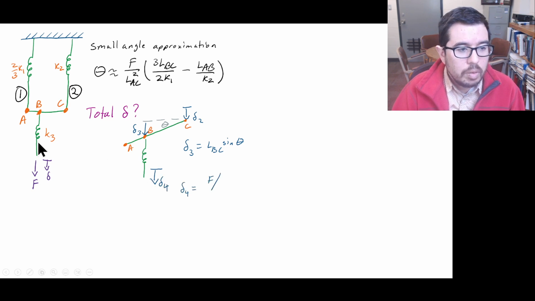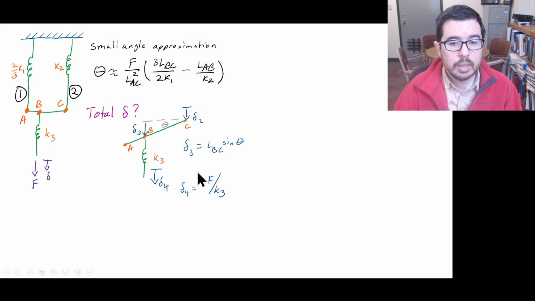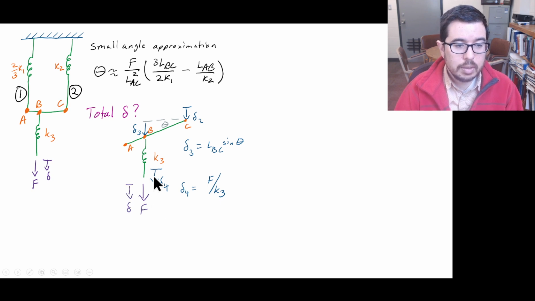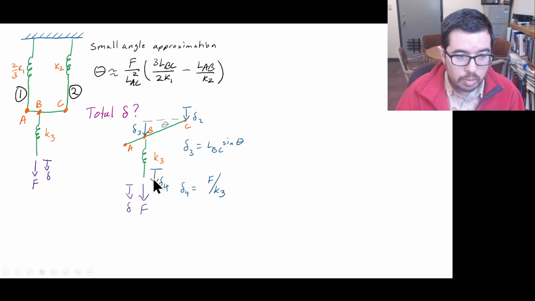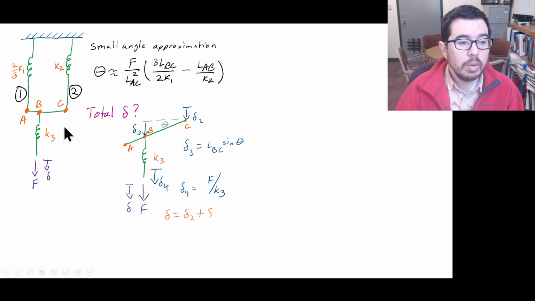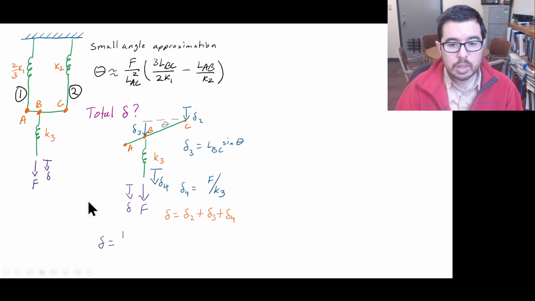Now, there's also some deformation of this bottom spring. Delta 4 is equal to F over K3. And if we add delta 2, delta 3, and delta 4 to each other, we will have an expression for the resulting delta, which we can write out as such.